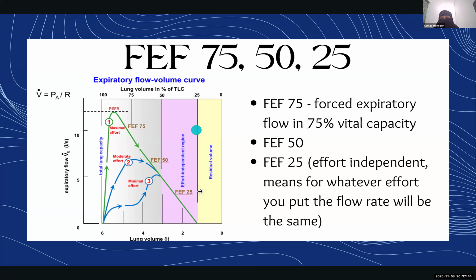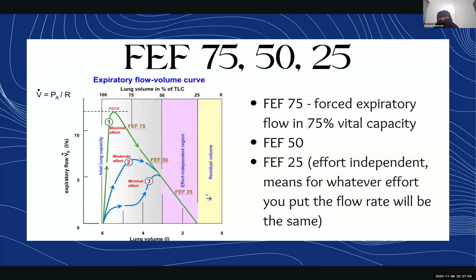Effort independent means even if you blow so hard in exhalation, when only 25% of air is remaining that needs to come outside, whatever force you put, the flow is going to be the same.